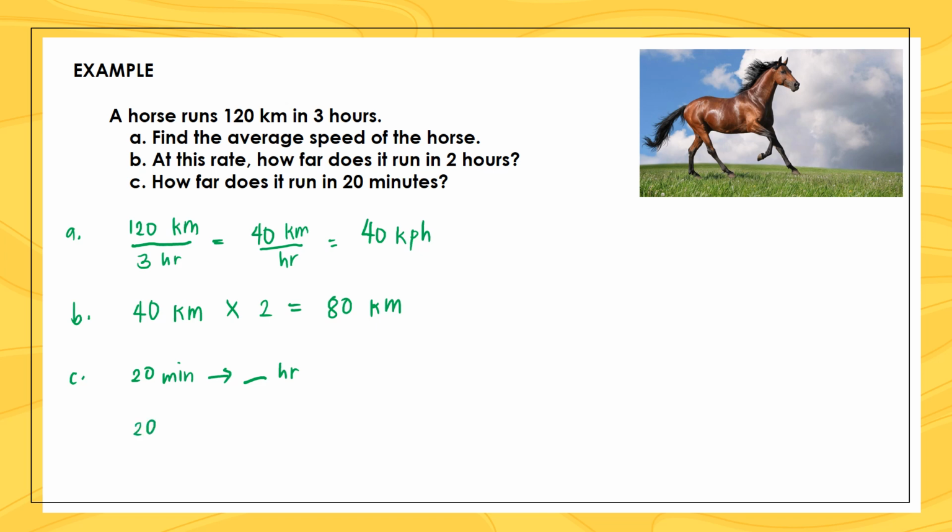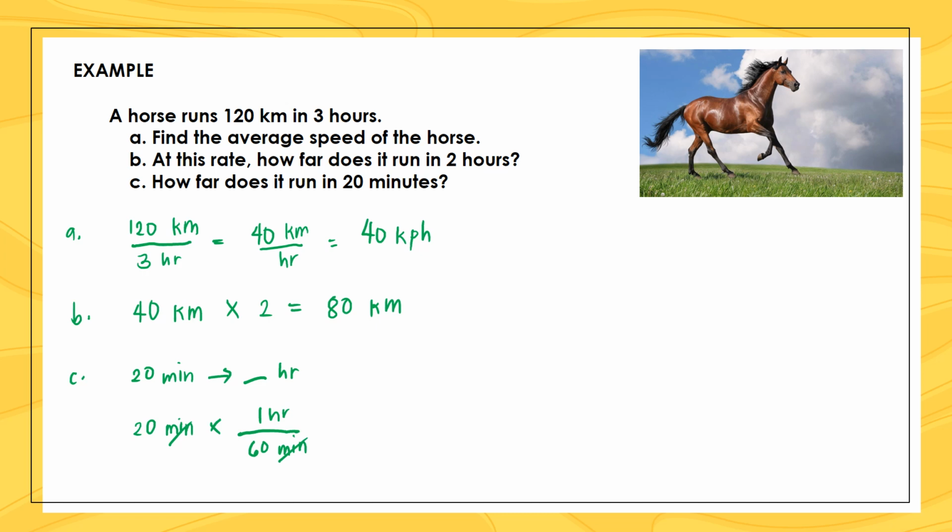So 20 minutes times a fraction which is equal to 1. And what is the conversion factor we will be using? The conversion factor for hours and minutes. We all know that 1 hour is equal to 60 minutes. 60 minutes goes in here for us to cancel the units, and then 1 hour goes here.